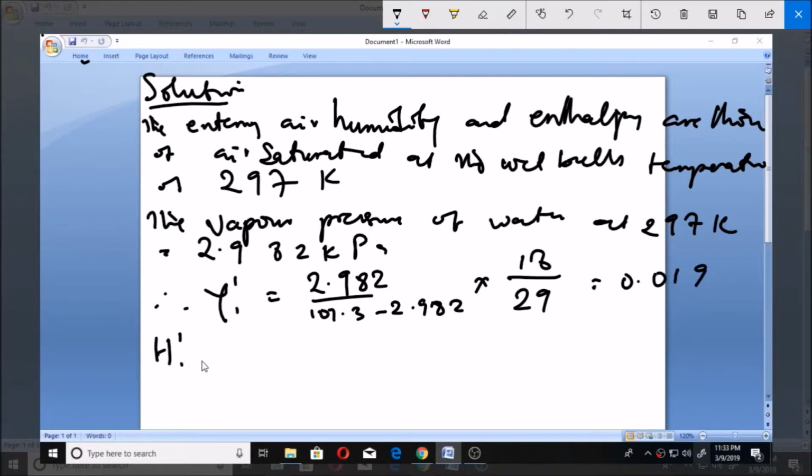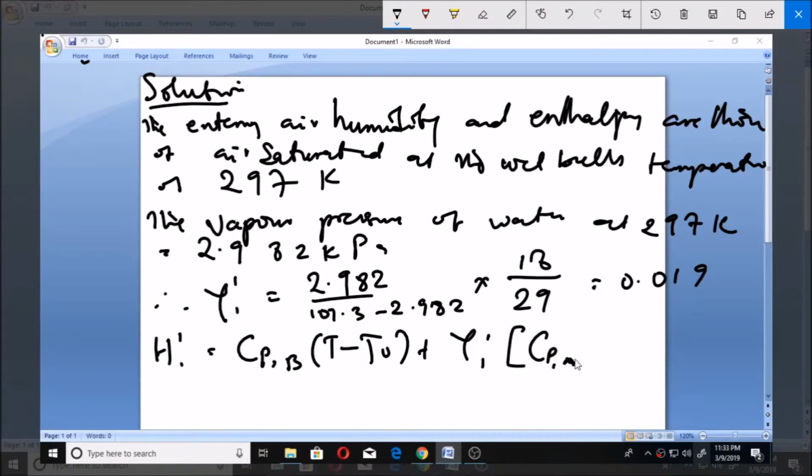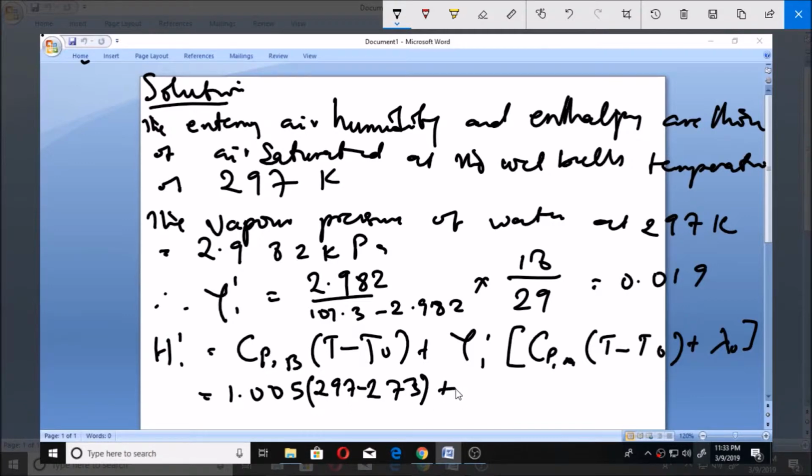The enthalpy now, using the formula Cp B bracket T minus To plus Y into bracket Cp A bracket T minus To plus lambda O, will give us 1.005 into bracket 297 minus 273, where 273 is normally the reference temperature, plus 0.019, which we already got before, into bracket 1.884 heat capacity, into bracket 297 minus 273 plus 252.3.